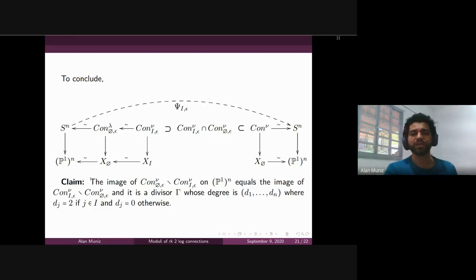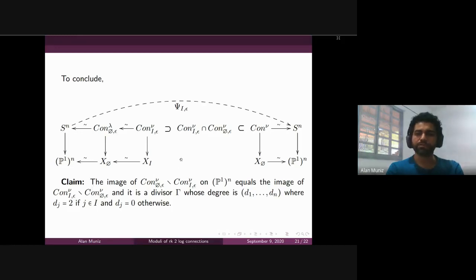I claim this here, and for those who are interested, I invite you to read the proof in the paper. I think it's a very beautiful argument, but it's very technical.